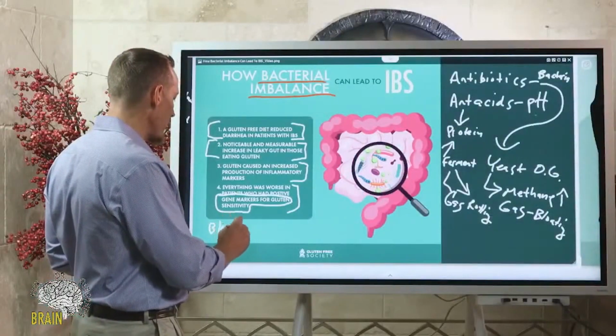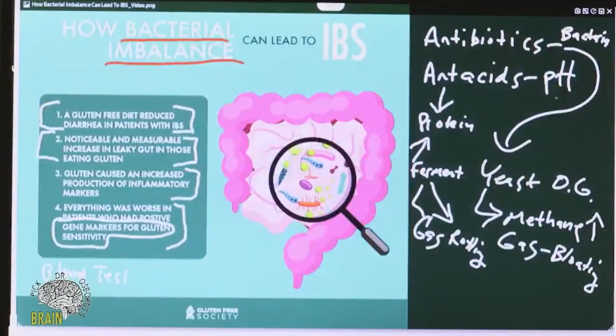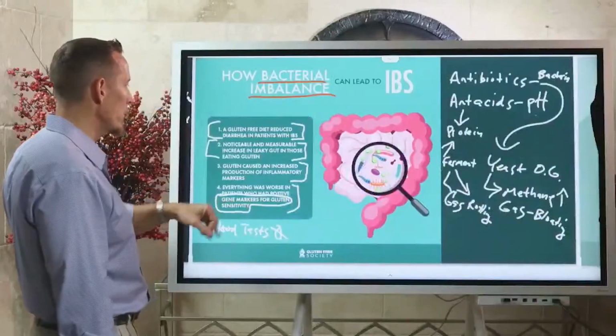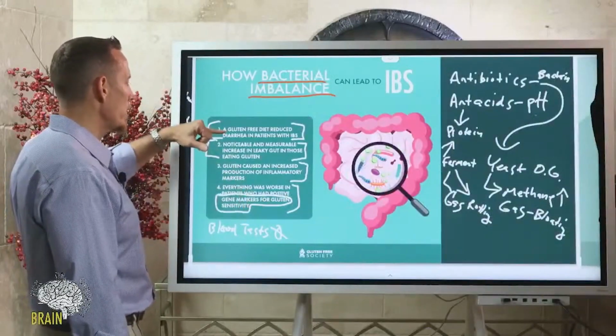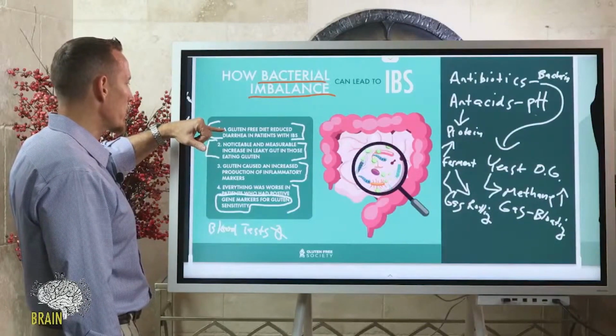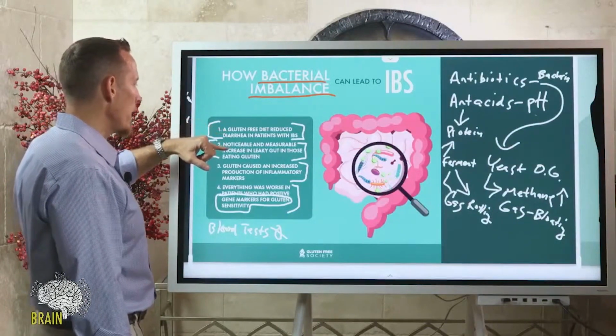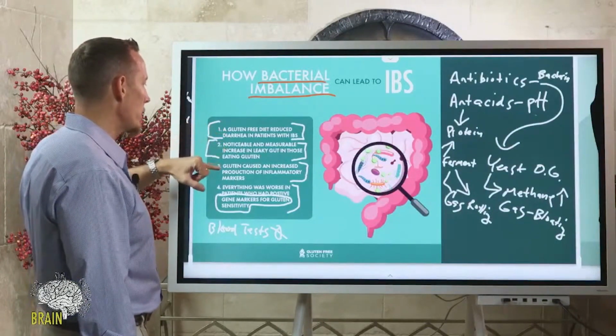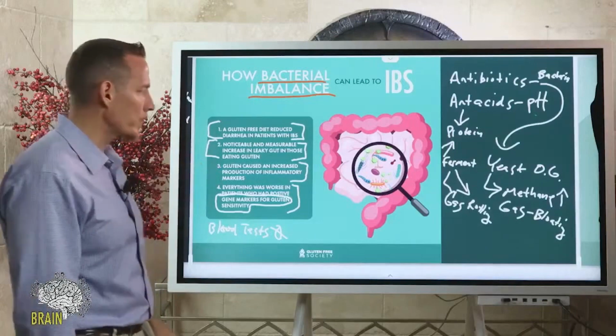Blood tests are misleading, and they can lead to people thinking that gluten is okay when it's not. These researchers found that those with positive genetic markers for gluten sensitivity, when they went gluten-free, had reduced IBS symptoms in the form of diarrhea. There was measurable improvement in leaky gut, but also measurable improvement in inflammatory markers.